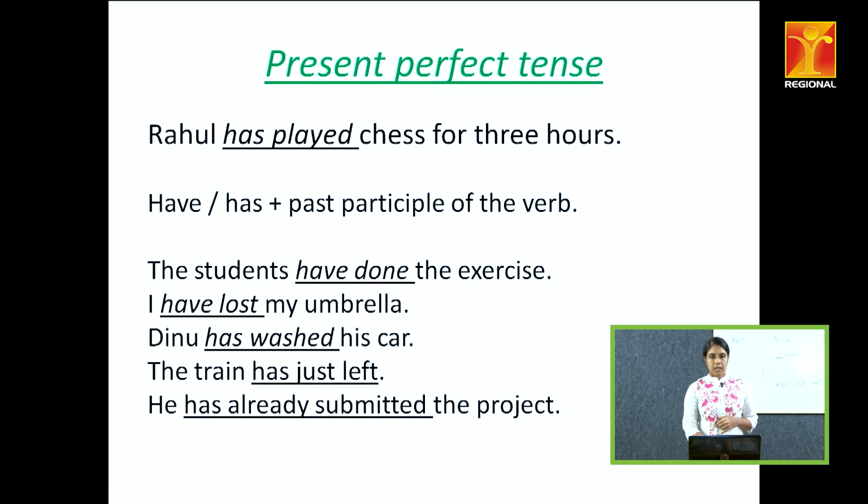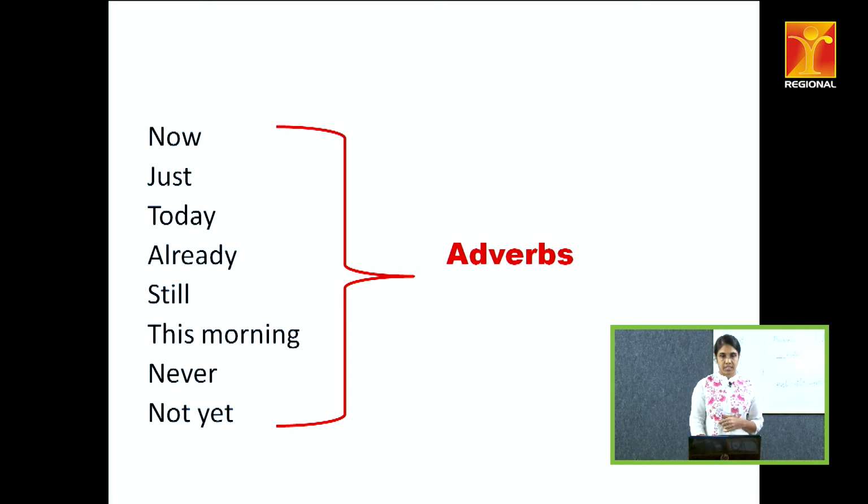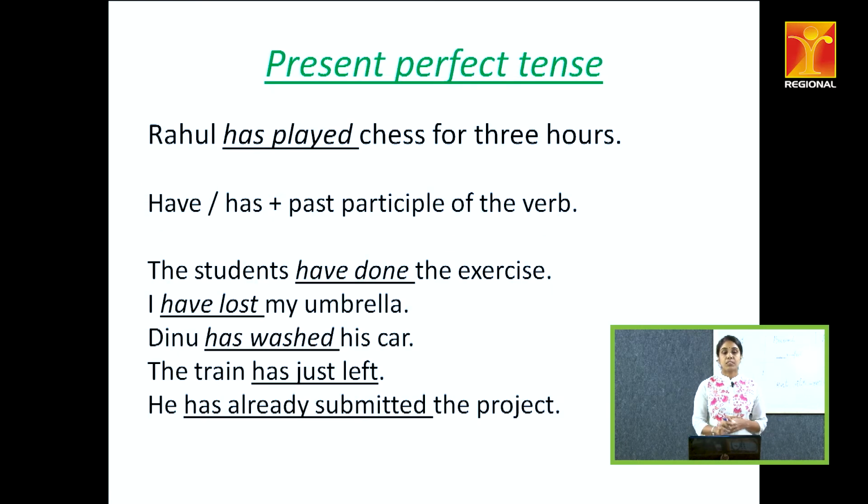See, in the fourth one, the train has just left. There is a word just, an adverb. He has already submitted the project. See, already is an adverb used there, and we often use such adverbs with this present perfect tense.